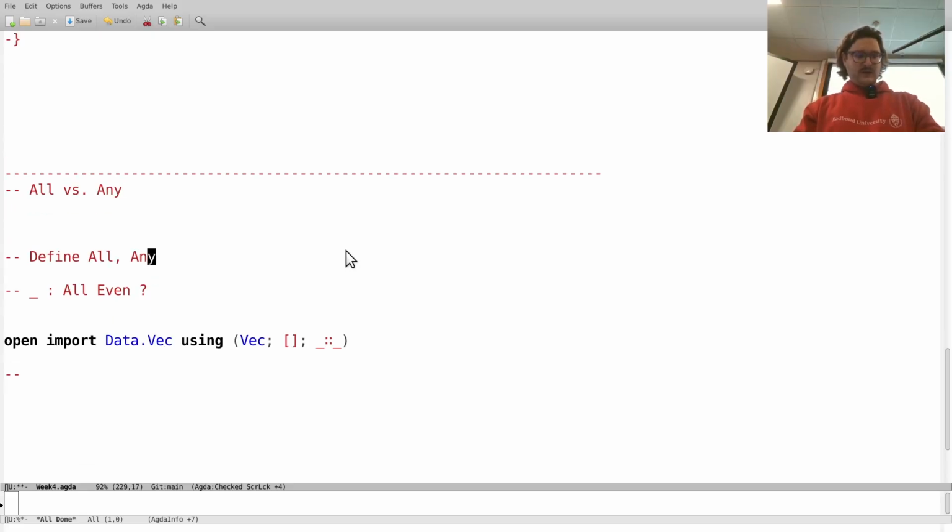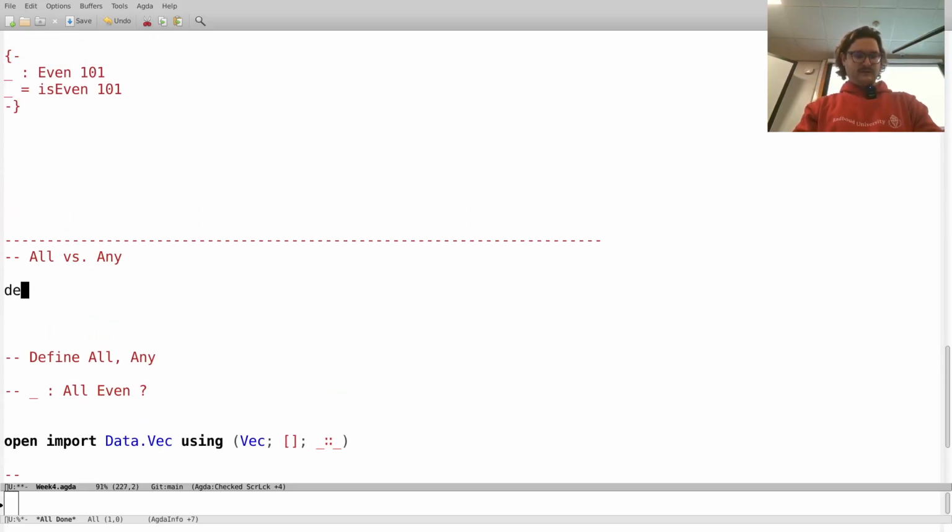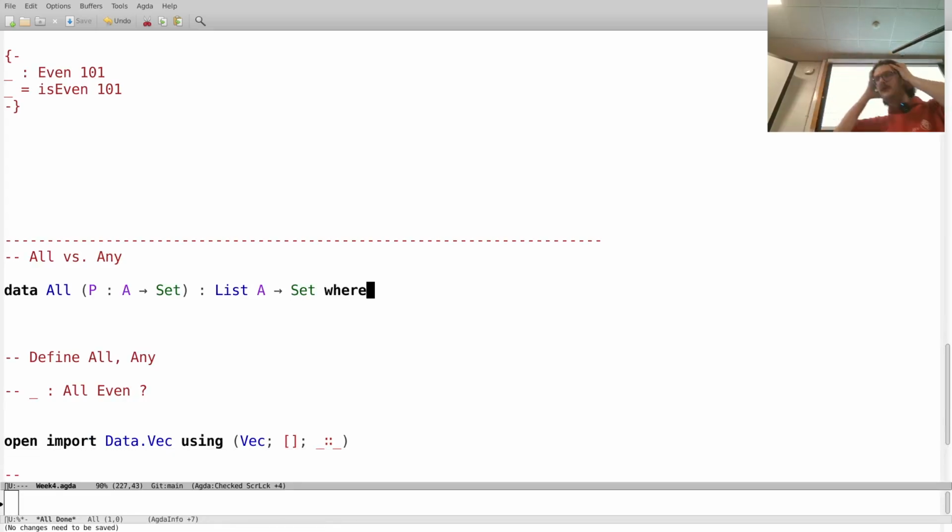So let's look at these ones. So I'll start with All. So All takes a predicate and it lifts it. So this is a predicate on values, and it's going to construct, well, you can see it as a family on lists or as a predicate on lists.